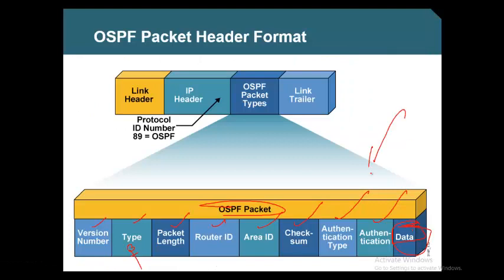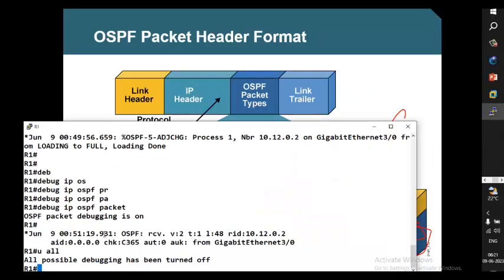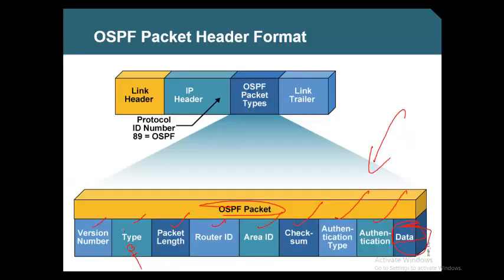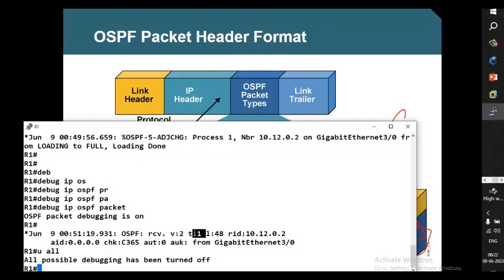This is what you are seeing here. You see, version. This router is receiving a packet, and it's an OSPF packet. At this time, June 9th, this is the time, and this is the OSPF packet received. Version 2, this field. Type 1. What is type 1?